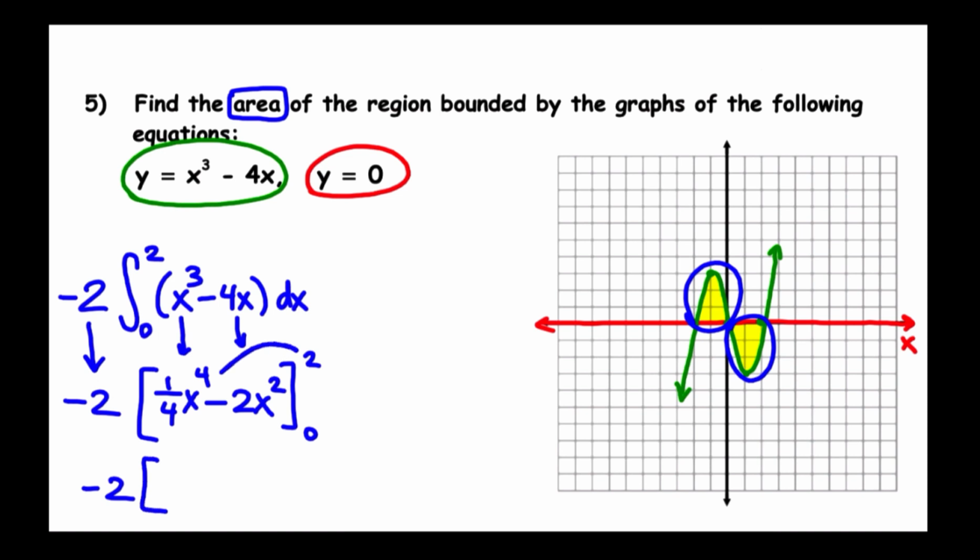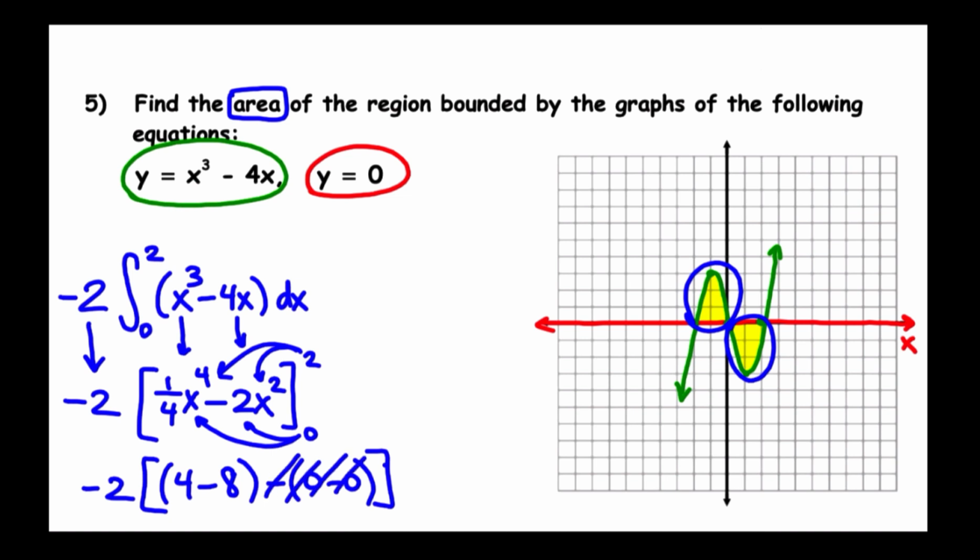In goes the 2. 2 to the fourth is 16. 1/4 of that is a 4. Minus 2 times 2 times 2, that's 8. Okay, subtraction in the middle. Obviously, plugging the 0 in is going to be a 0 minus 0. I'm not sure why I keep writing that, but I guess it's just going to happen. Okay, that's gone. So the answer is going to come out negative 2 times negative 4.